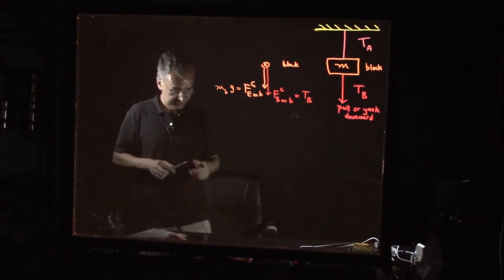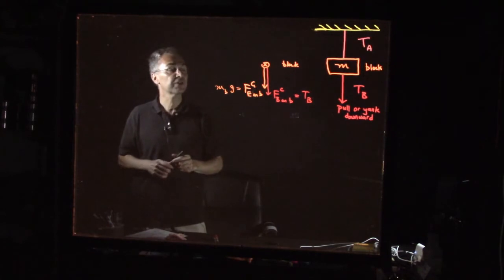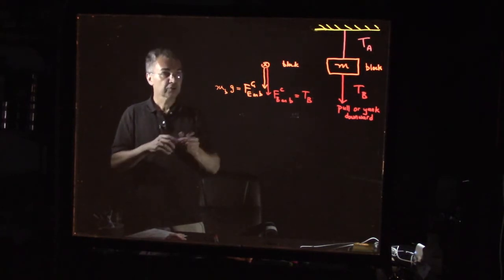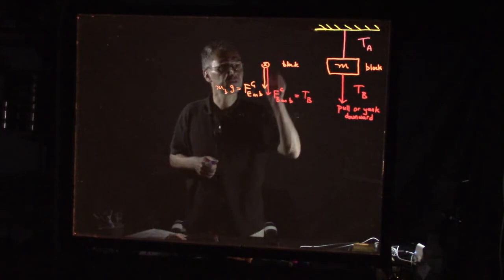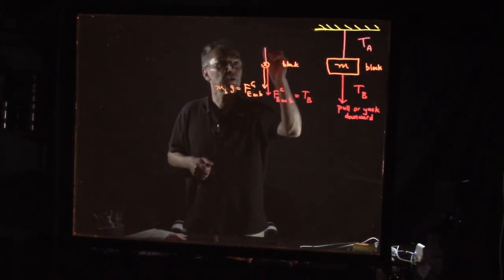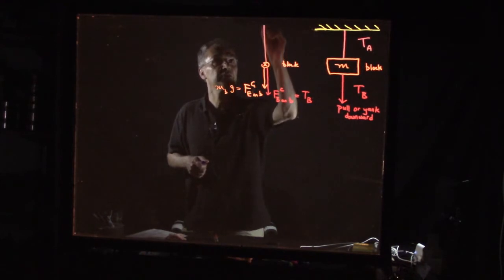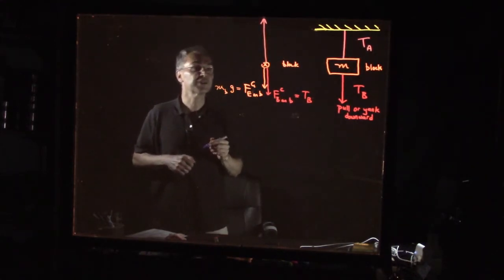And then let's say I'm pulling very slowly, so the block's acceleration is negligible. It's barely budging. So no matter what's happening, there's another arrow pointing up. I'll make that arrow go all the way up to the top, as long as I can make it on this board.